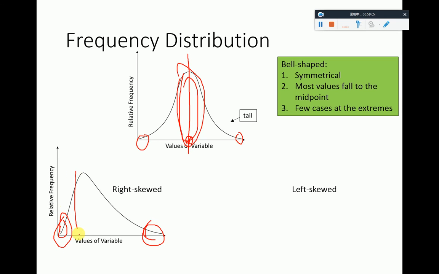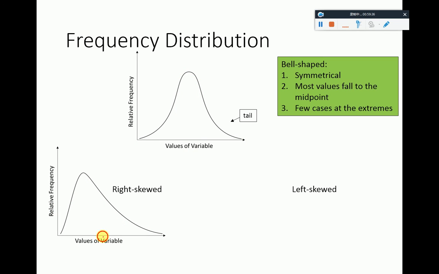And of course, the values are not at the center, because this is the center. Most of the values will be clustered toward this end, and toward this end, there are fewer values.